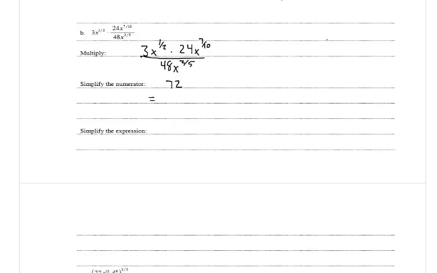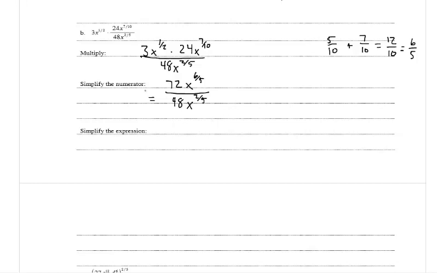And 1/2 can be written as 5/10 plus the 7/10 from the other x variable, which gives me 12/10, or 6/5. So we have 72x to the 6/5 in the numerator divided by 48x to the 2/5. And now it wants us to simplify the expression.